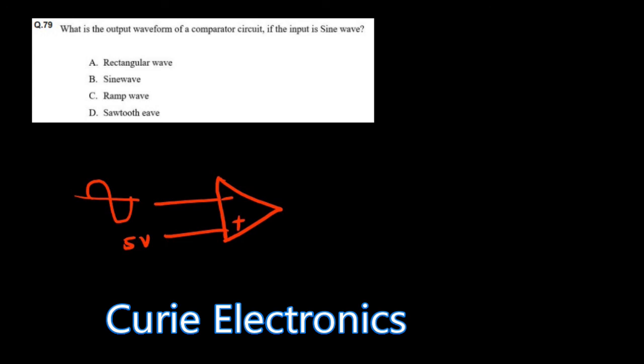If the input is less than 5 volts, we will get a high state. If the input is greater than 5 volts, we will get a low. Like this it will be. So we will get a square wave or rectangular wave. Here the rectangular wave option is there, so option A is the right answer.